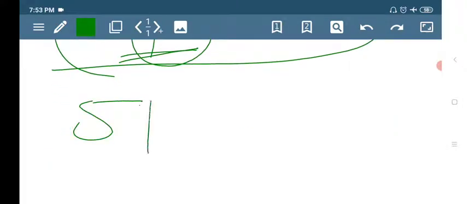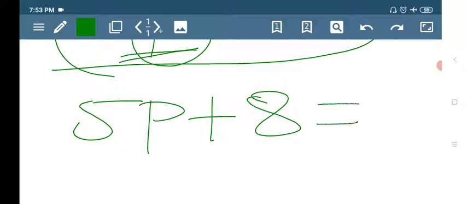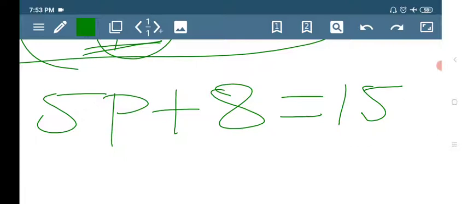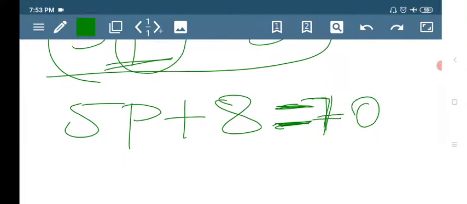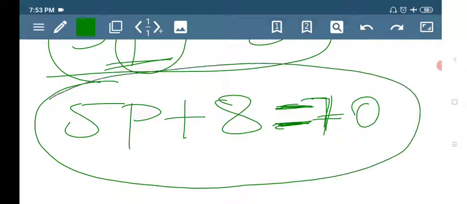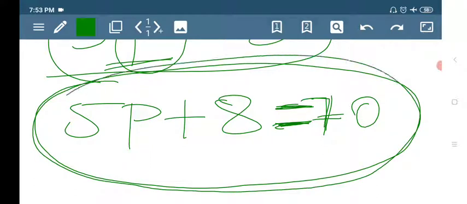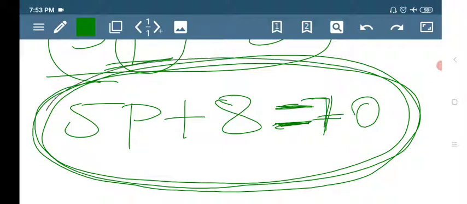If I take 5p plus 8 is equal to some value like 15, or any value like 18, 21 or 70, you can take anything for an example. Then I got an equal to sign here, right? Now it is no more an expression, we call this a linear equation.